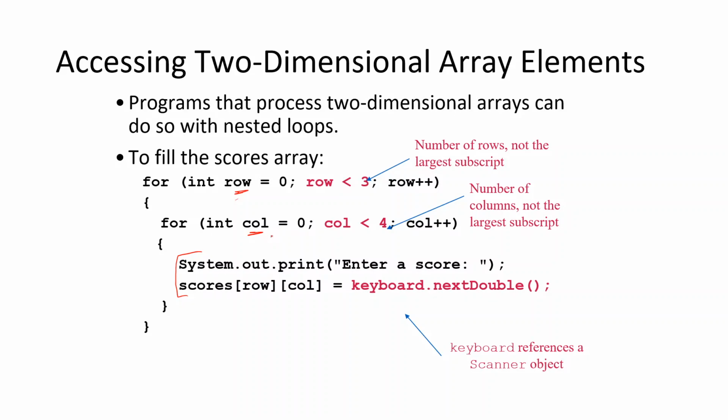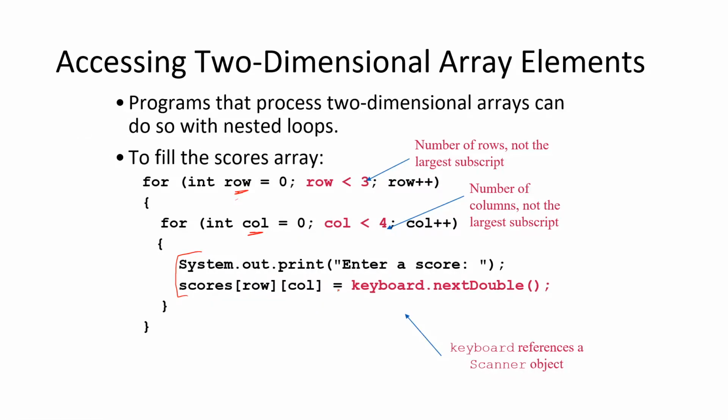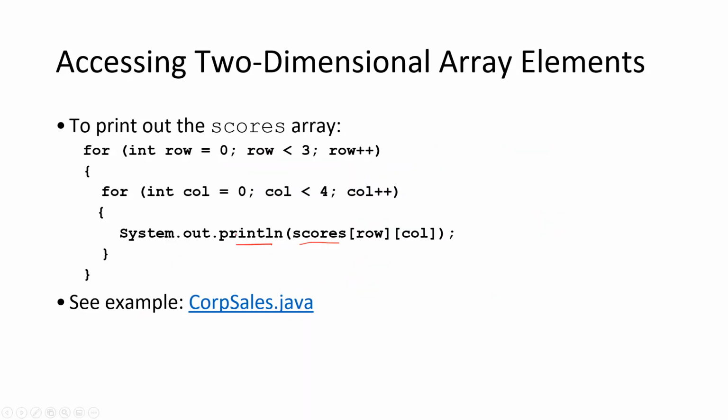If I want to access certain elements again, I could use a for loop for the row, a for loop for the column, and then access row, column one by one, using the reference variable and the two indices, and then print that. That's the opposite of assigning the values. Now I'm reading the values.